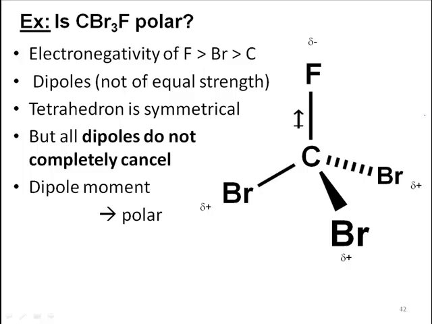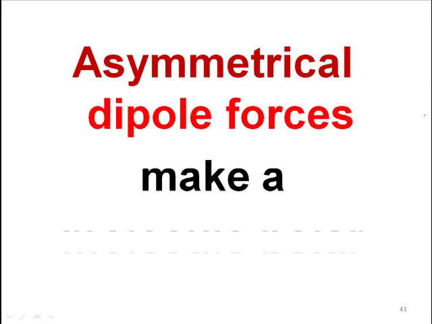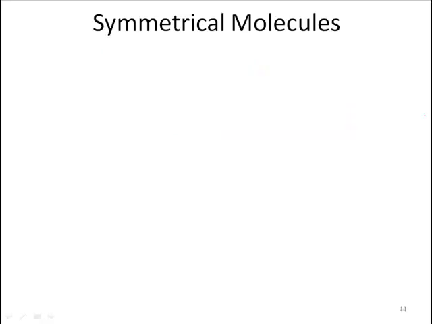So if they're not all the same around a tetrahedral, it's going to be polar. If this was Br, this was Br, this was F, and this was F, they would not cancel, even though you're like, wait, they're evenly matched. No, they're not, because it's not a crisscross. It's a tetrahedral. That's a common mistake. You've got to get asymmetrical dipole forces.